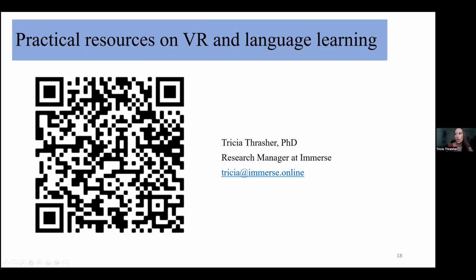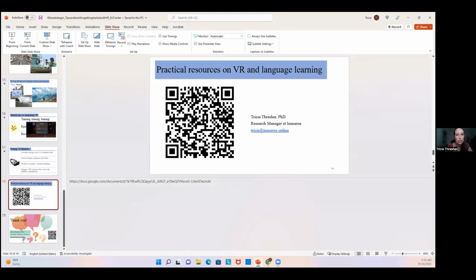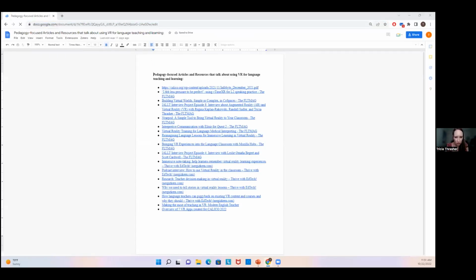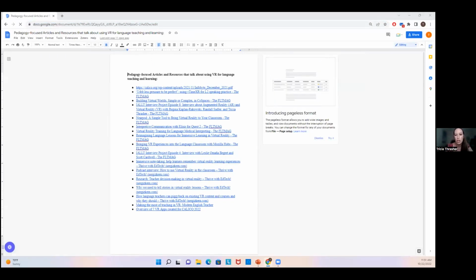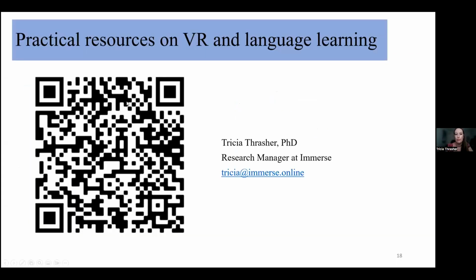Here, if you scan the QR code, and I'll put the link in the chat as well, I have combined a list of pedagogy-based articles.